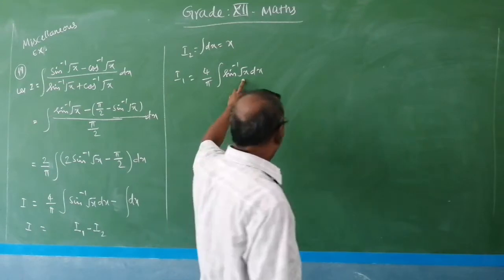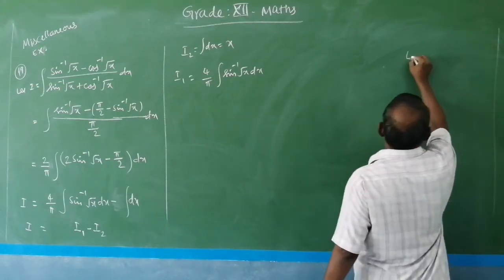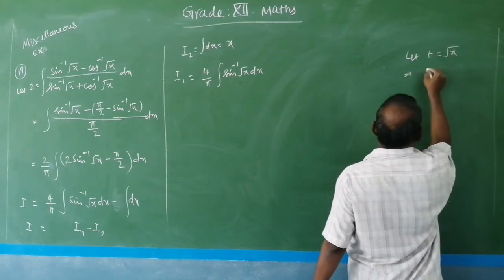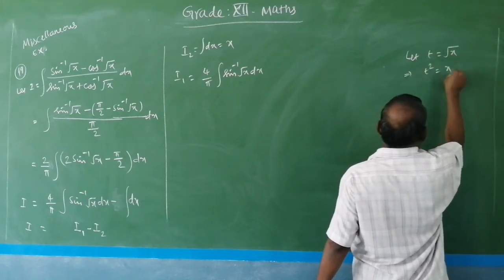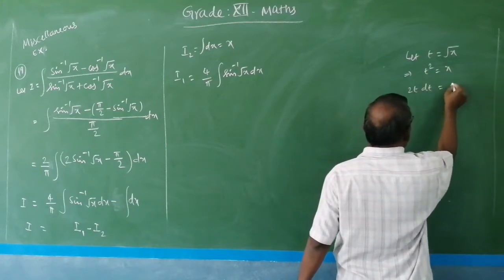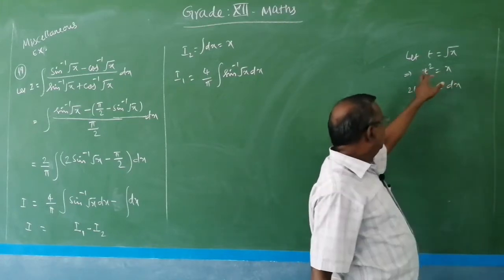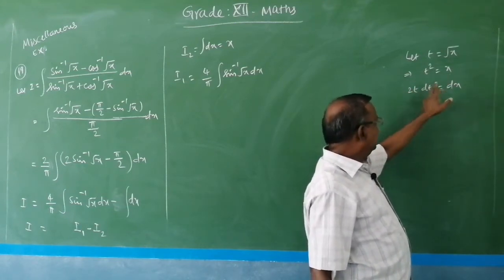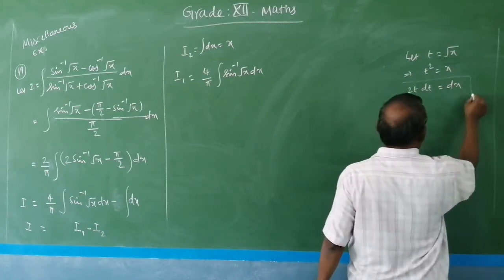Let us substitute for root x first. Let t equal root x. So t square equals x, and differentiating we have 2t into dt equal to dx.